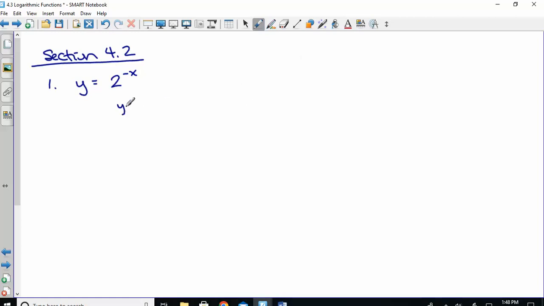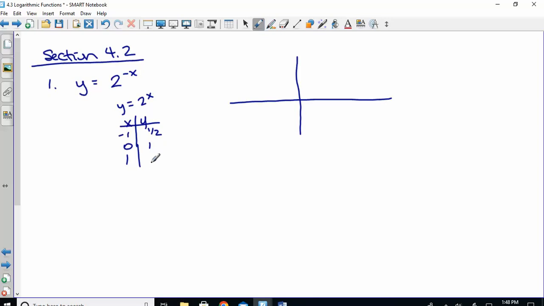All right, parent function is just 2 to the x. When we graph those, what 3 points did I tell you to plug in? So 2 to the negative 1 is 1/2, 2 to the 0 is 1, 2 to the first is 2. So that's my parent. What would a negative on my x do?